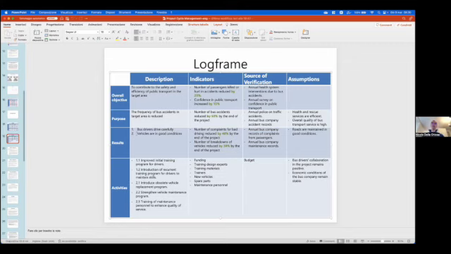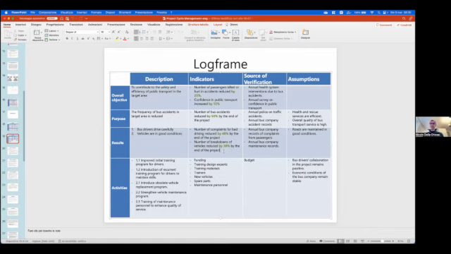For the second result, vehicles are in good conditions. How do we measure this? We can measure it, for instance, counting the number of breakdowns of vehicles and stating that it should be reduced by 30% by the end of the project.